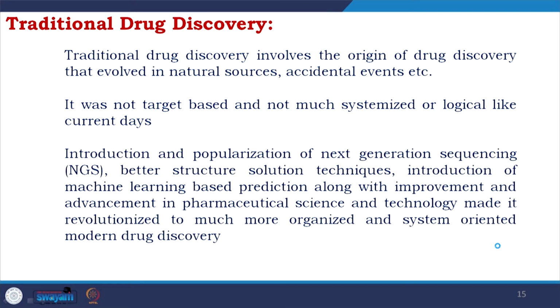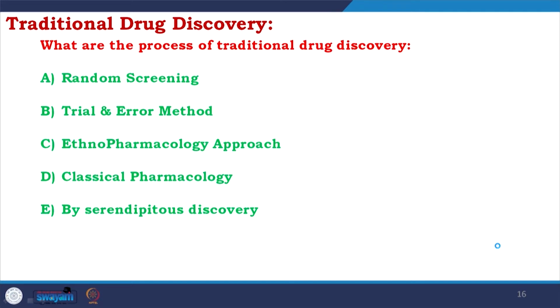The introduction and popularization of next generation sequencing, the NGS we talked about, better structure solution techniques, which we discussed in detail, and the introduction of machine learning based prediction, along with advancement in pharmaceutical science and technology, revolutionized it into much more organized and system oriented modern drug discovery, which is not traditional drug discovery. You could divide traditional drug discovery majorly into 5 topics. 1. Random screening. 2. Trial and error method.